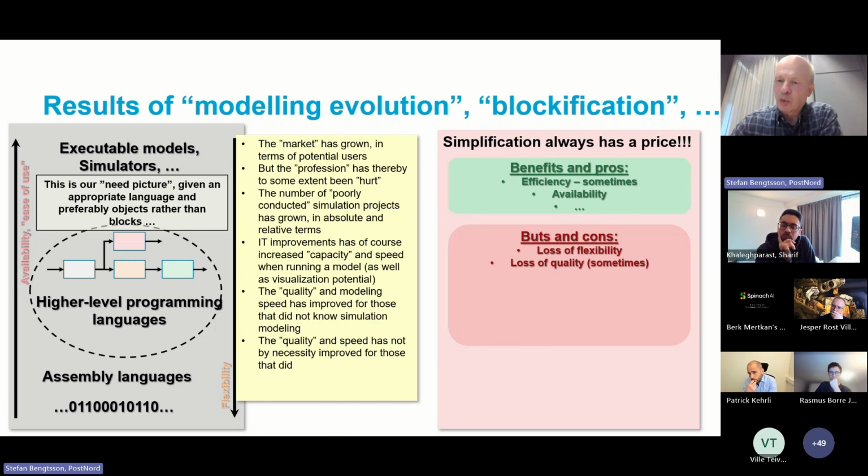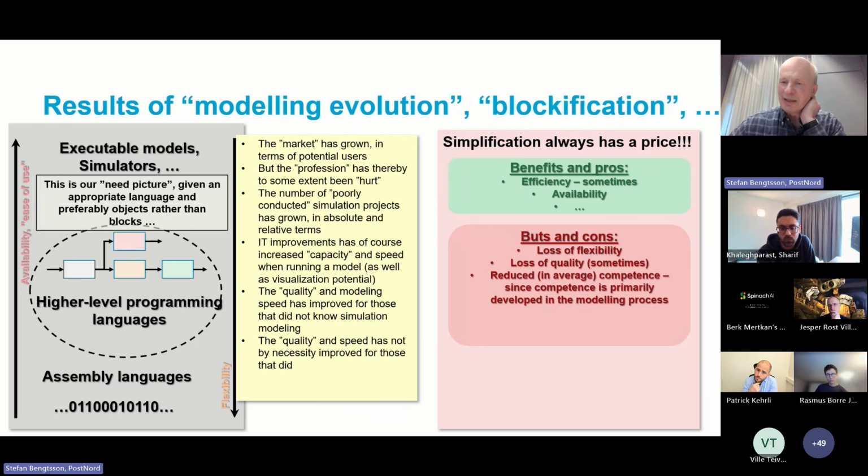We lose also quality to some extent, because the more you simplify, the more you predefine, the more you risk making something inflexible that can't handle the real world problem.